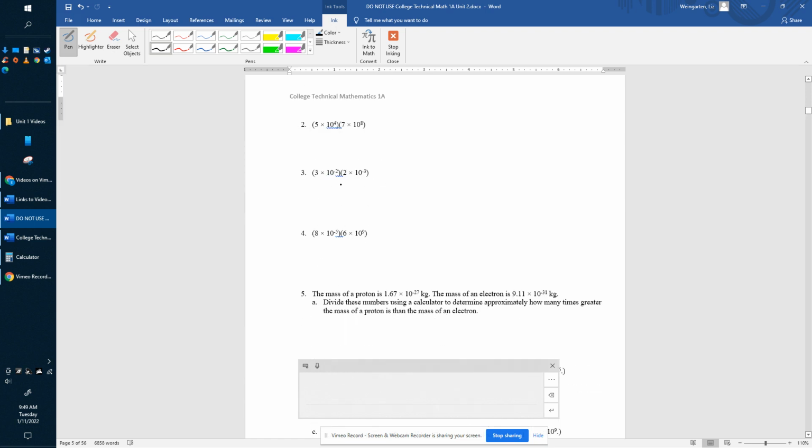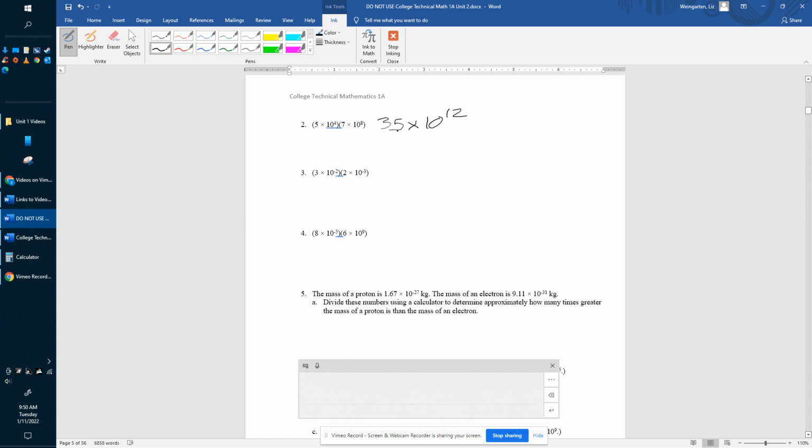Let's look at problem 2. Now we have 5 times 7. 5 times 7 is 35 times 10 to the fourth times 10 to the eighth. We'll add our exponents and we get 10 to the 12th. However, this is not scientific notation as written.